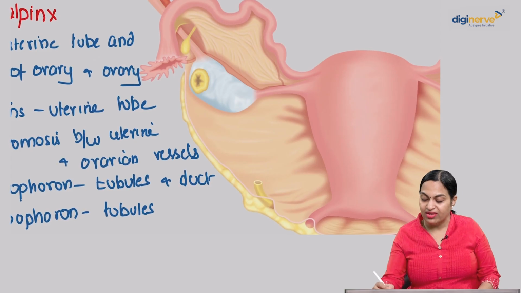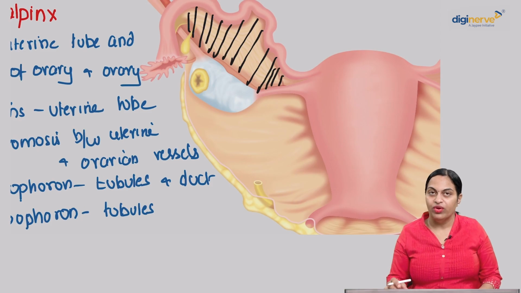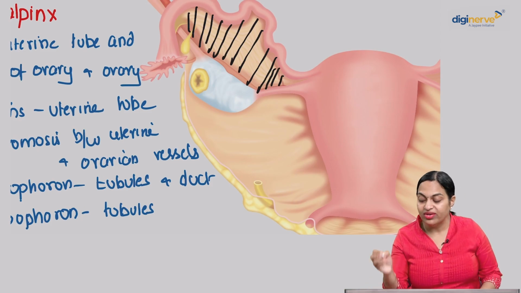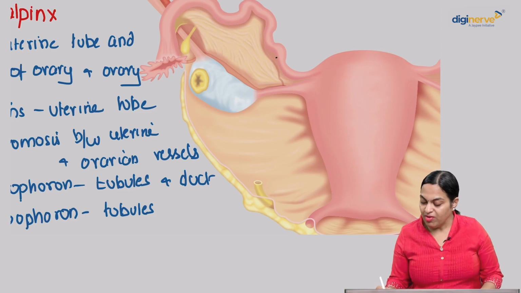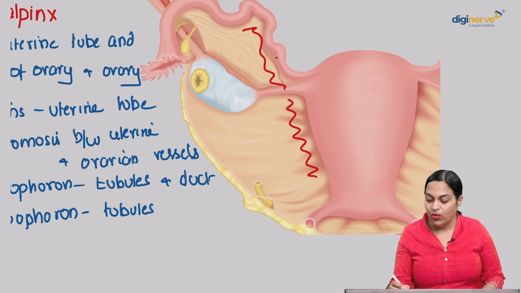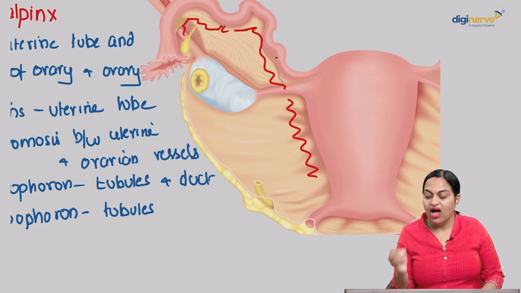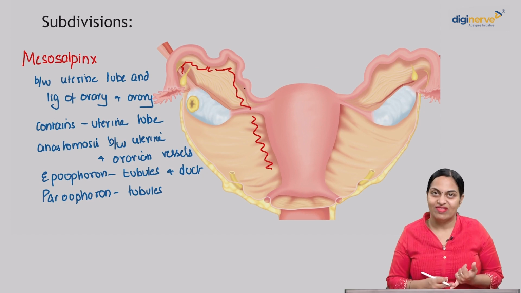So, this part that we see here between the uterine tube above and the ligament of ovary is the Mesosalpinx. You know what it contains? Remember, our uterine artery was coming like this, and the ovarian artery, the anastomosis between the uterine and the ovarian vessels.